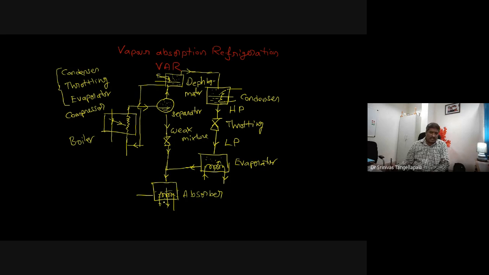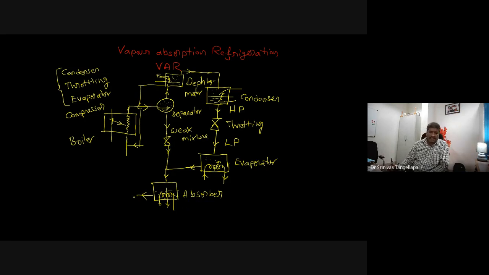This component is called the absorber. Actually this is also a condenser, same as this one, but the difference is they do only condensation, whereas here it is mixing followed by condensation. That's why we are especially calling this the absorber.